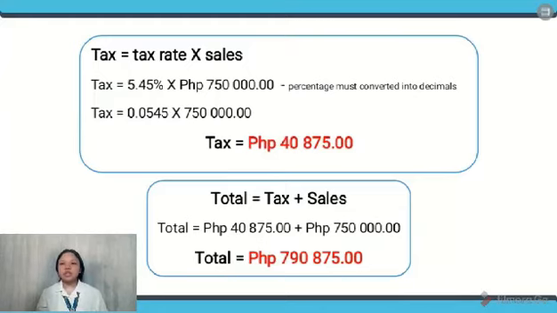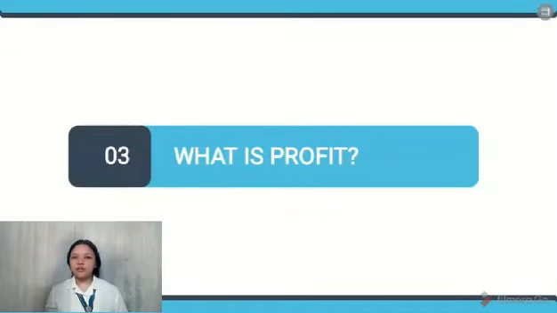And to calculate the total payment of the buyer, let us just add the computed tax plus sales, which is 40,875 plus 750,000 pesos. And the total payment of the buyer is 790,875 pesos.